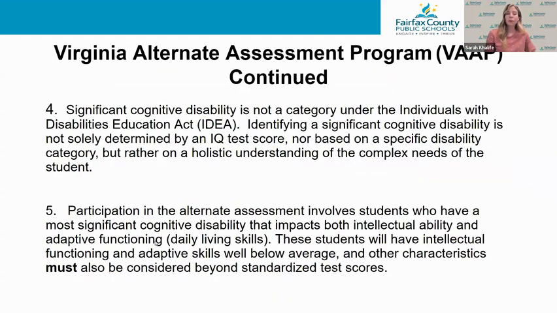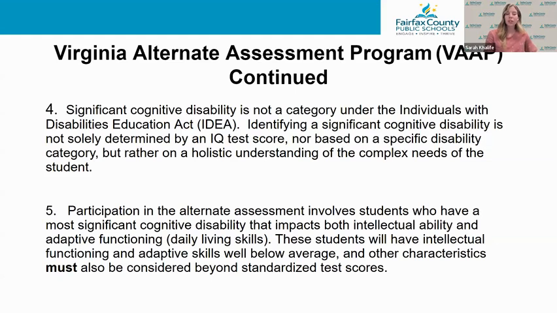A couple other important things to know about the VAAP are that significant cognitive disability is not a category under the Individuals with Disabilities Education Act, or IDEA. Identifying a significant cognitive disability is not solely determined by an IQ test score, nor based on a specific disability category, but rather on a holistic understanding of the complex needs of a student.